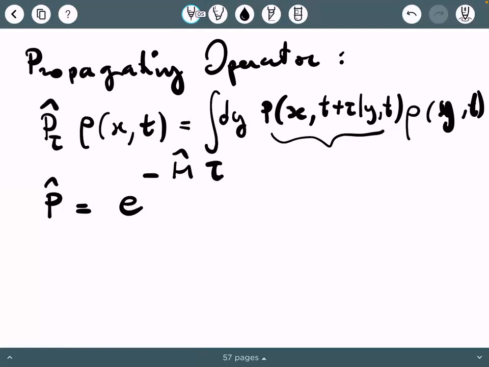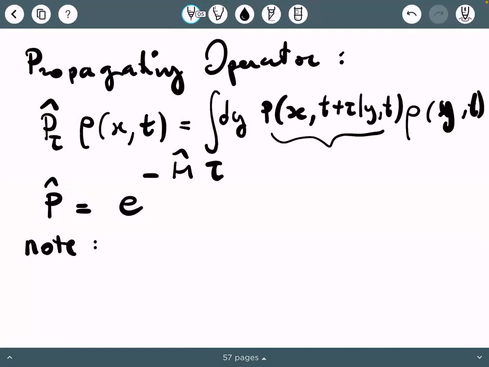Now, note, we know that the Fokker-Planck dynamics is not unitary, and the Fokker-Planck operator is not Hermitian. However, this propagator is Hermitian in one of the Hilbert spaces that we defined.